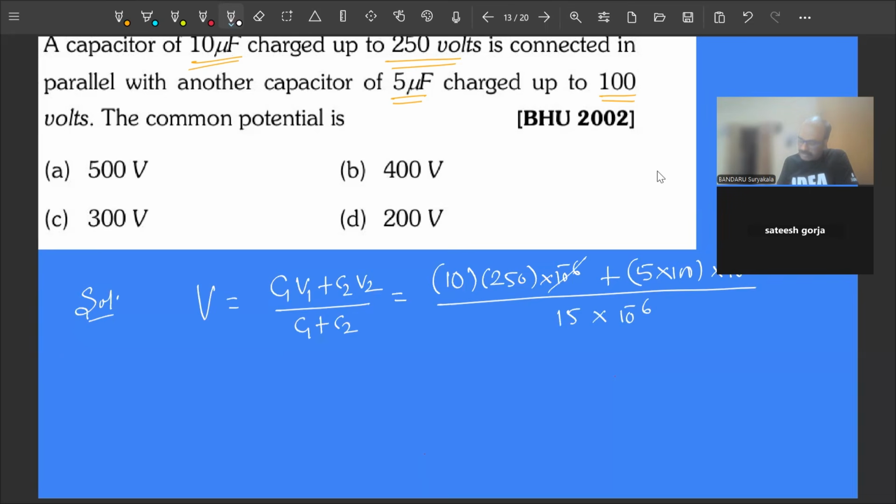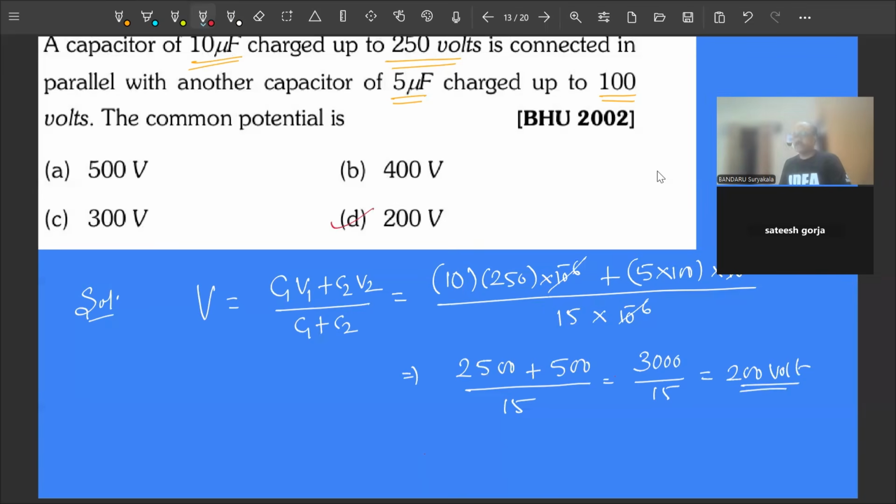The 10 power minus 6 cancels. It becomes 2500 plus 500 by 15, so 3000 by 15, so it becomes 200 volt. So option 4 is the correct answer.